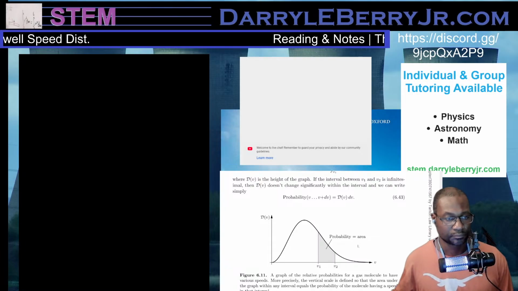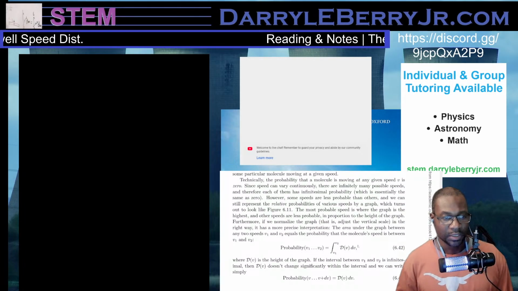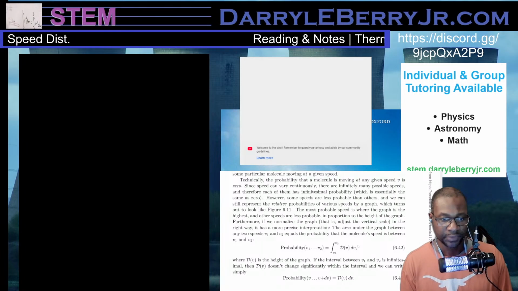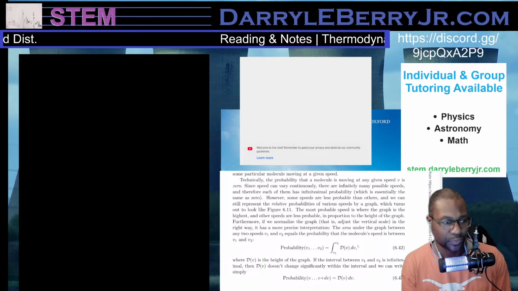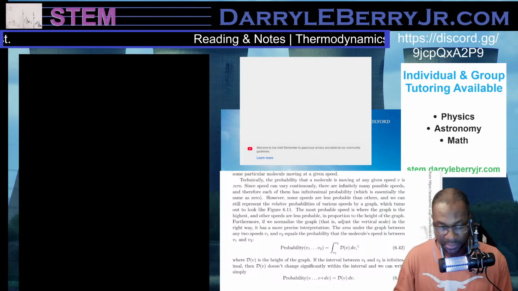Right? The most probable speed is where the graph is highest, and other speeds are less probable in proportion to the height of the graph. Furthermore, if we normalize the graph, that is, adjust the vertical scale in the right way, it has a more precise interpretation. The area under the graph between any two speeds, v1 and v2, equals the probability that the molecule speed is between v1 and v2. So that seems sensible.